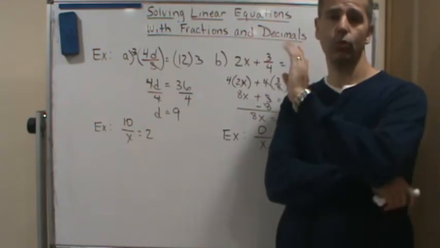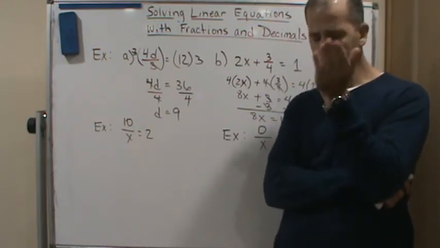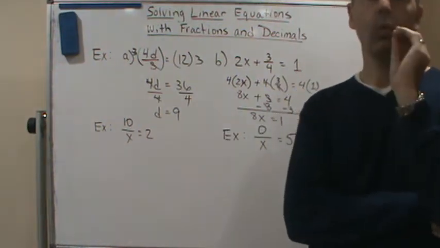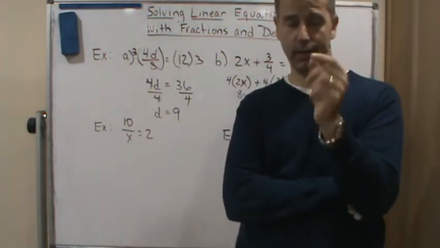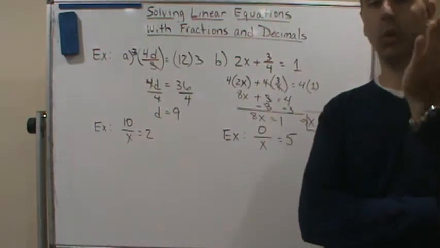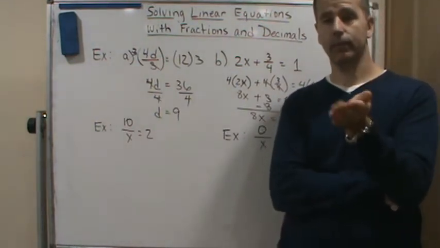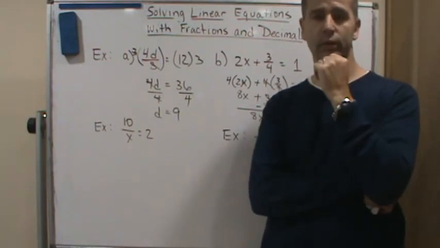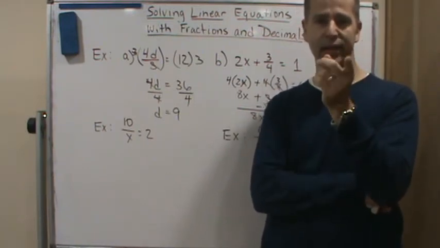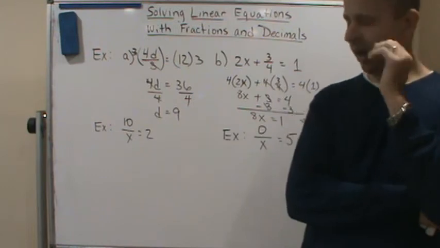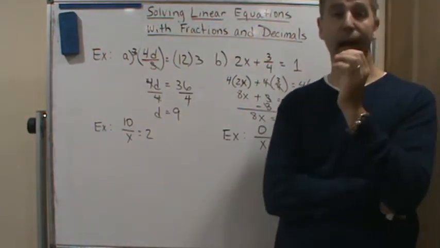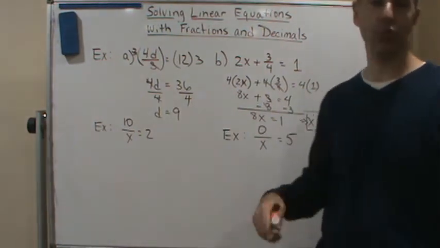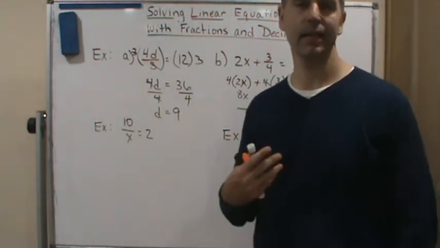Remember, the multiplication principle works when the quantity that you're multiplying by or dividing by is non-zero. So if x is in the denominator, we have to assume that x is not 0.